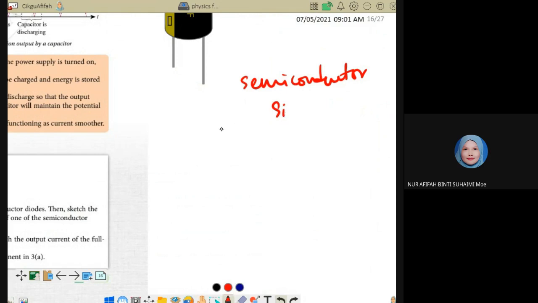To make a diode, there is a process called doping. We use a foreign material combined with the semi-metal, or silicon, to become an extrinsic material.